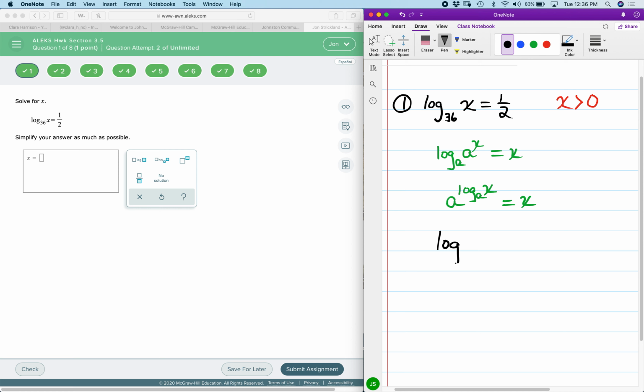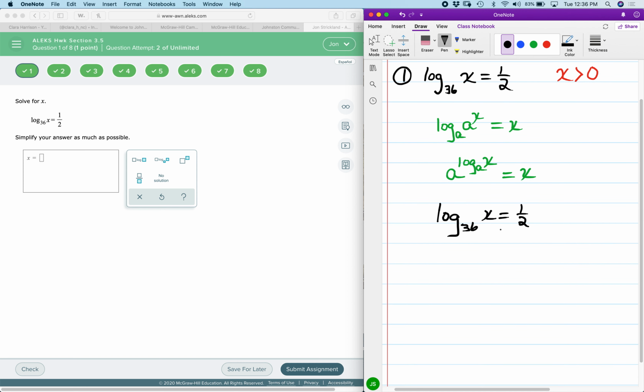So we have the base 36 logarithm of x equal to 1/2. The base a is going to be 36. And if I treat both sides of this equation as powers to which the base 36 is going to be raised, I have 36 to the base 36 logarithm of x.